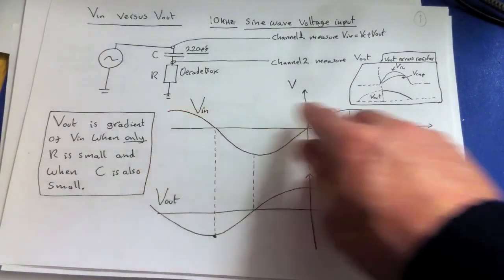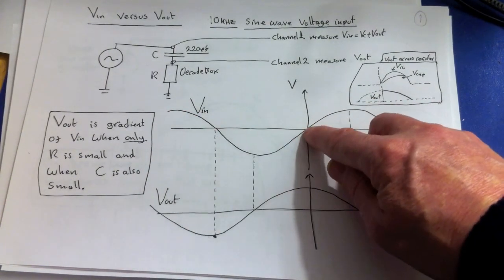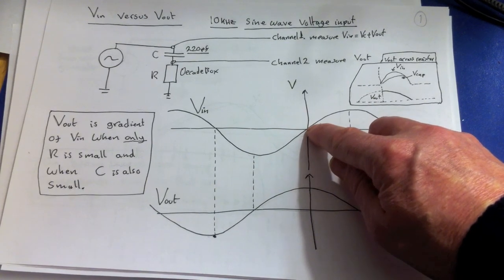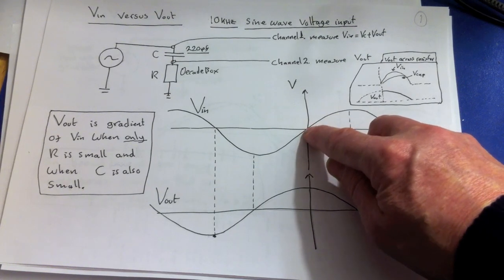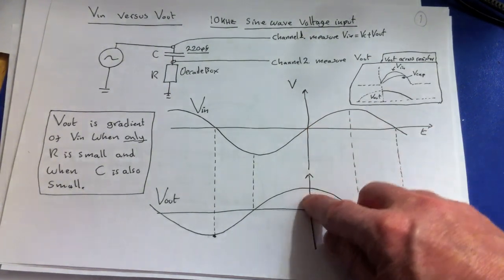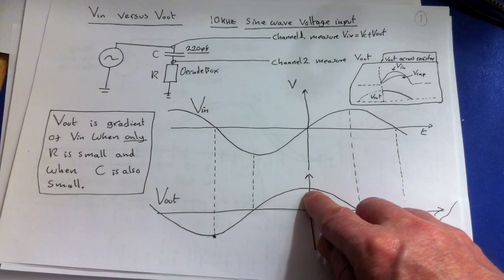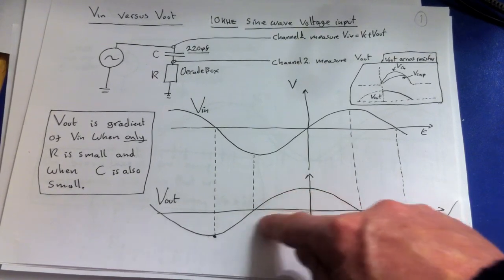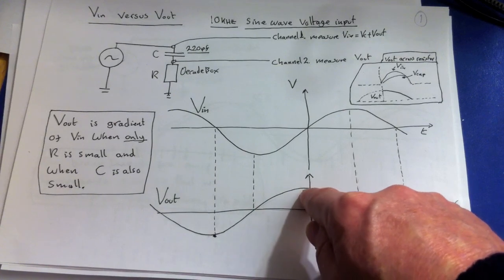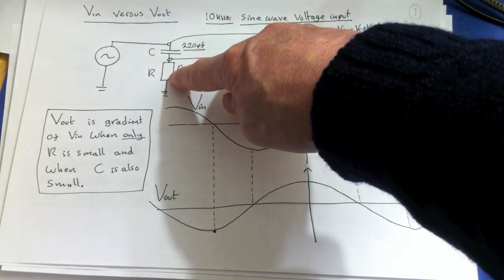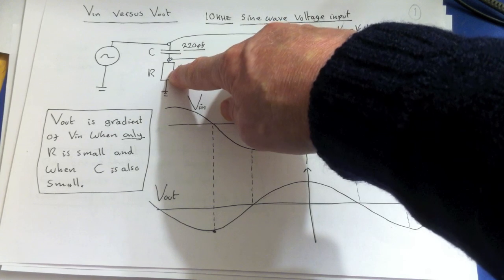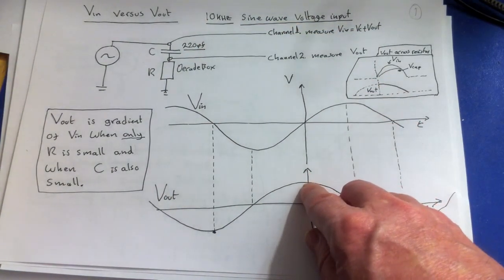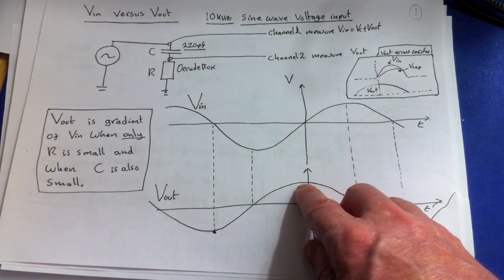For example, if we're just coming out of the gate here, the capacitor at this point is empty. It's beginning to charge up here. Because it's empty, all the voltage gets dropped across the resistor. Now remember, this is also a proxy for the current, because the voltage that drops across the resistor is exactly proportional to the current, and because we're using a really small resistor, this becomes an even closer representation of the current.